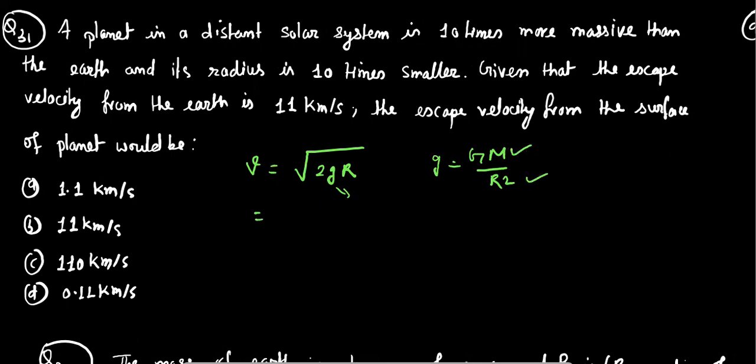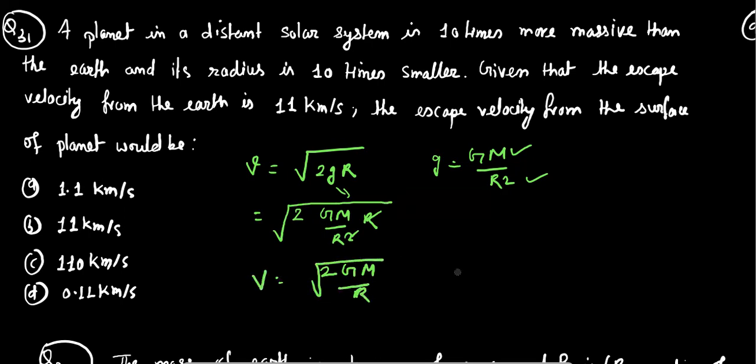So I'm going to replace g as GM by R square, and this is just R. I'm going to cancel out this. Here is the square root, so this will be 2GM by R. This is another kind of expression for escape velocity.